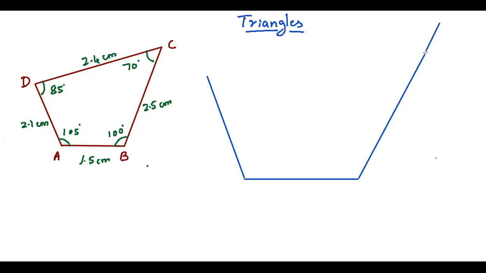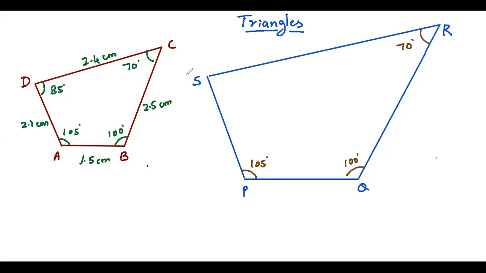So if this is P, Q, R, S, let me name it like this. Now observe, this angle is 105 degrees, this angle is 100 degrees, this angle is 70 degrees, and this angle is 85 degrees.